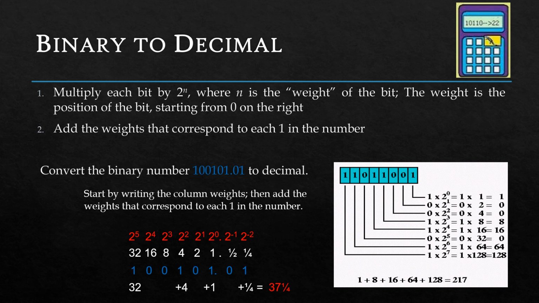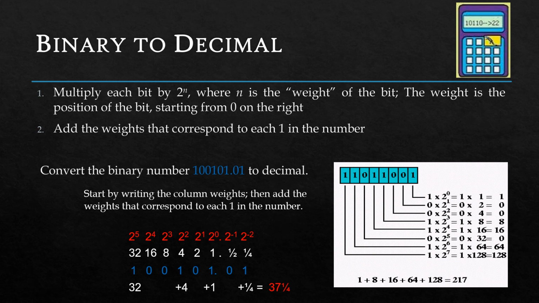We need to multiply each binary bit by 2 raised to n, where n is the weight of that particular bit. As you know, each binary bit can be represented using its positional weight, which is the position of the bit. It starts from 0 on the right. To get the decimal number, we add the weights that correspond to each one in the number.